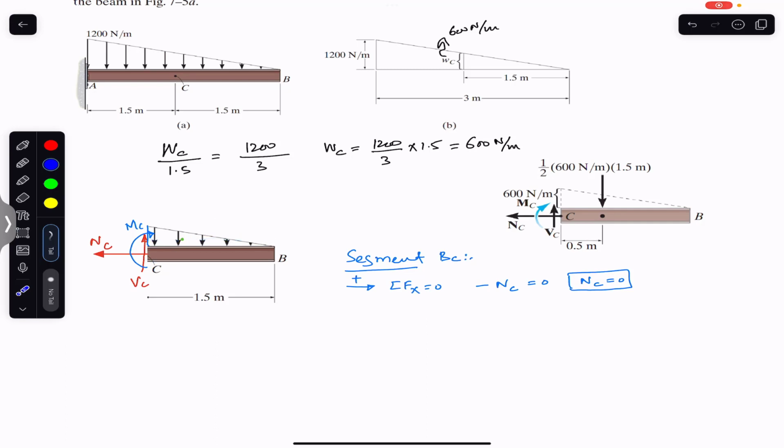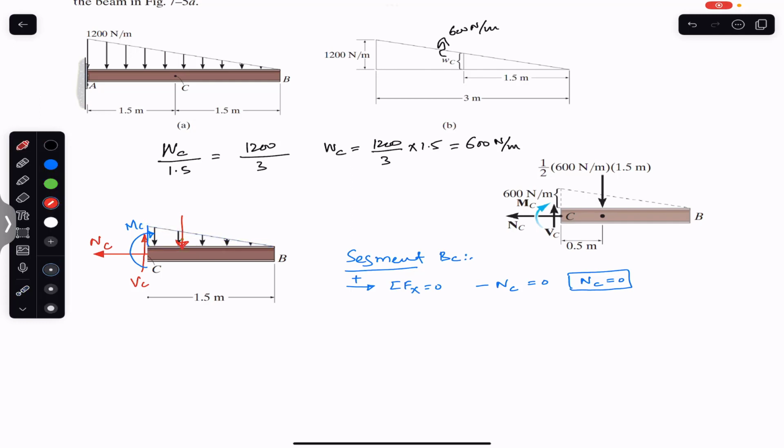Now we need to replace the triangular distributed load by its resultant, and the line of action of that resultant must pass through this geometric center, which is at a distance of 0.5 meters from this end. This resultant will be equal to the area of the distributed triangular load.